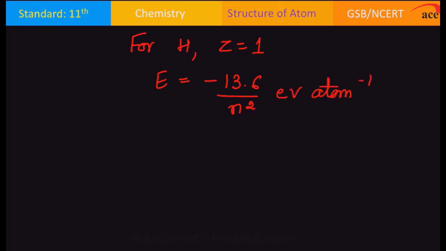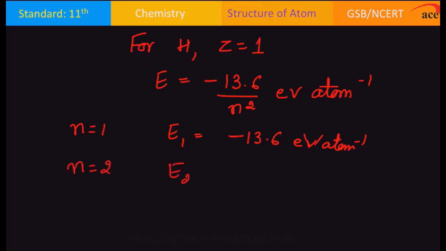Okay, now if the electron is in the first orbit, you will have this energy. Is this fine? If n is 2, come on, so definitely this will be divided by 4.